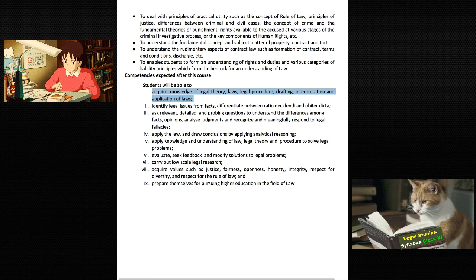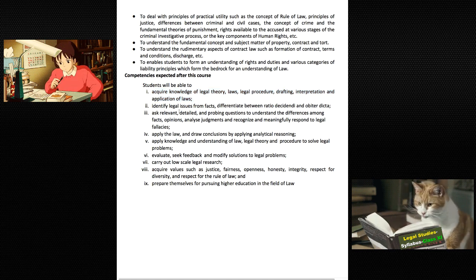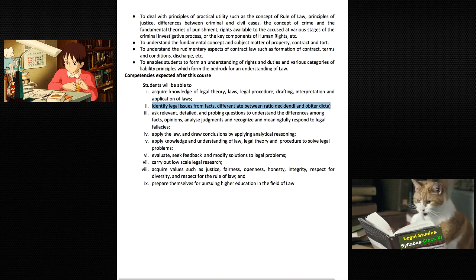So these are the things that you will definitely understand. What are the legal theories, what are the legal procedures, how the judiciary works, how a petition is drafted, everything like that. The next one is to identify legal issues from facts, and differentiate between ratio decidendi and obiter dicta.